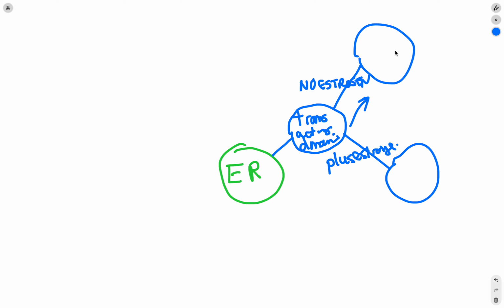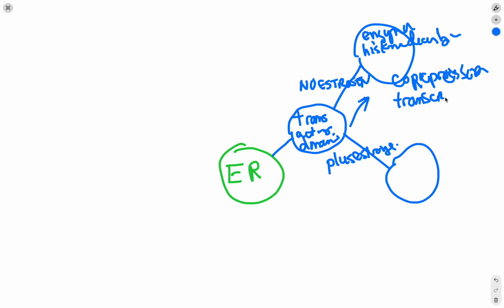Okay, and we learned in the absence of estrogen, the trans-acting domain is going to recruit an enzyme, and so we're going to have an enzyme, and the enzyme's activity is histone deacetylase, and that is called a co-repressor because it's considered a transcription factor.